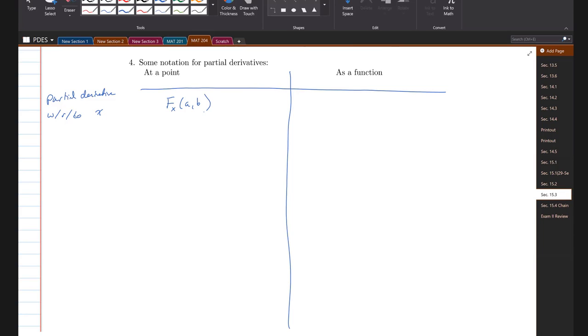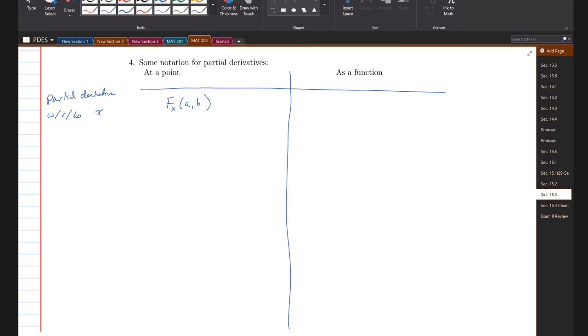But just like you saw in Calc 1, and one thing I would highly encourage you to do is go back and look at the first few sections of calculus in this book. One of the things we did in Calc 1 was first we defined the derivative at a point, meaning we found the slope of the tangent line at a point on a curve. But then we quickly moved on to thinking of the derivative as a function in its own right.